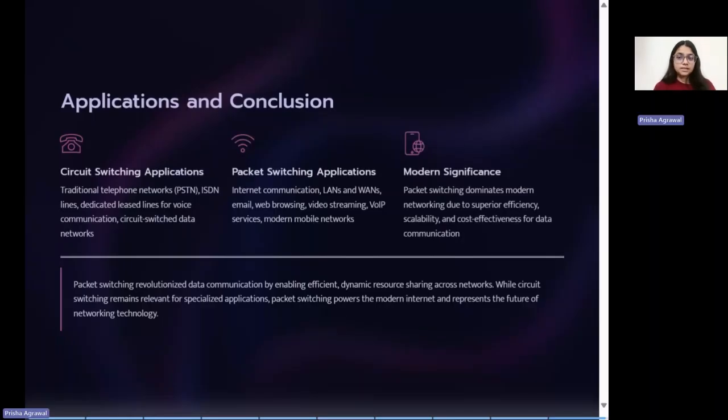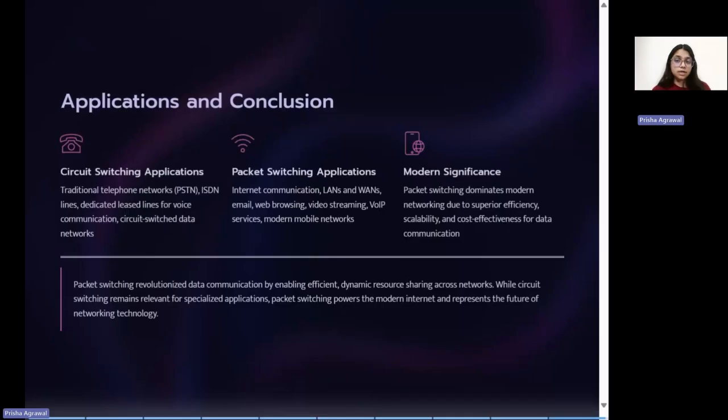Finally, let us discuss the applications of circuit switching and packet switching and summarize the key points from this lecture. First, we discuss the applications. Circuit switching was widely used in traditional telephone networks, also known as the public switched telephone network (PSTN). It was also used in the Integrated Services Digital Network, or ISDN, which provides digital communication services.